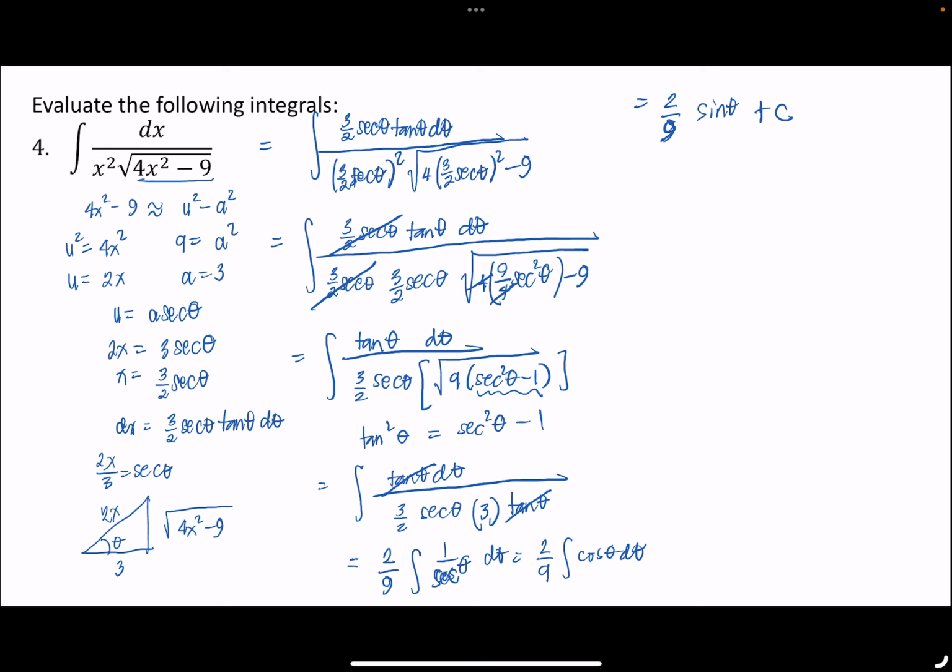So we have now 2 over 9 times sine, which is opposite over hypotenuse, plus c. So we have the square root of 4x squared minus 9 all over 9x plus c.